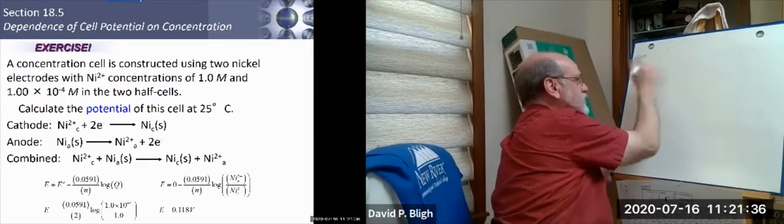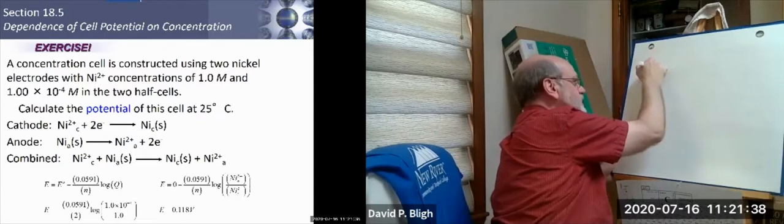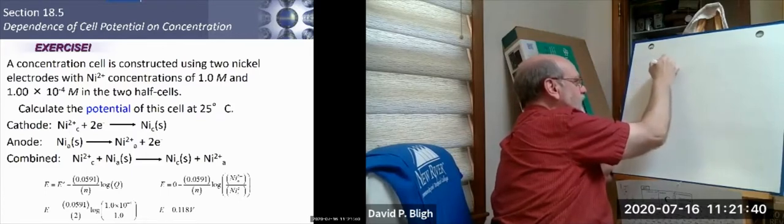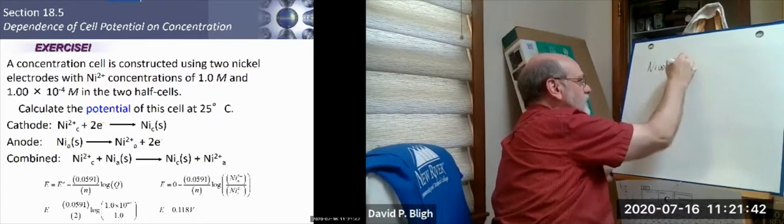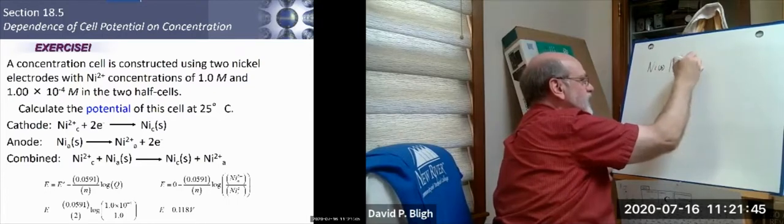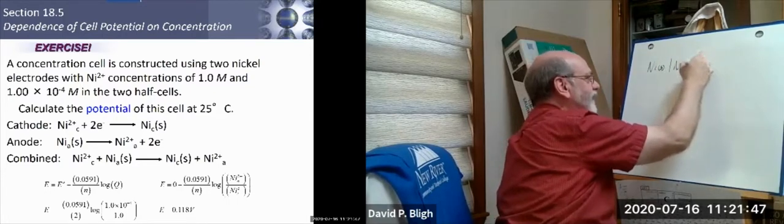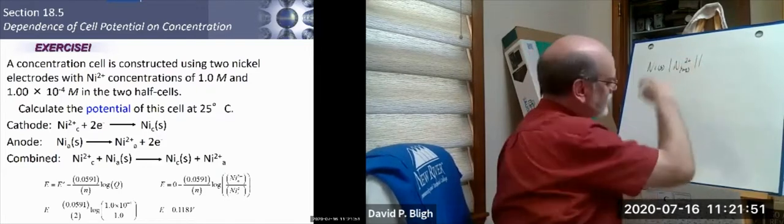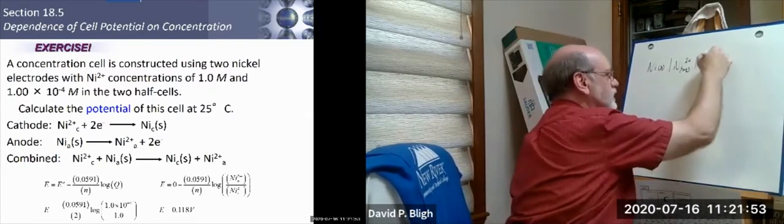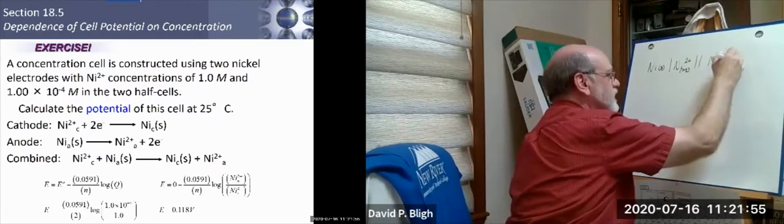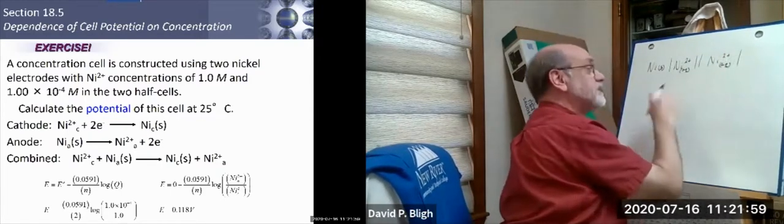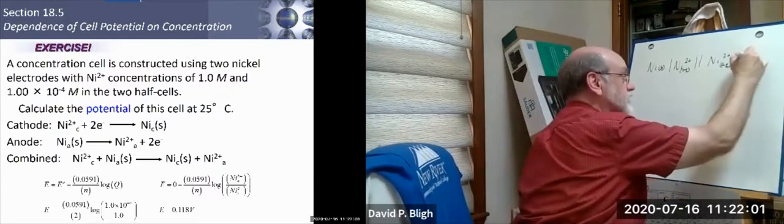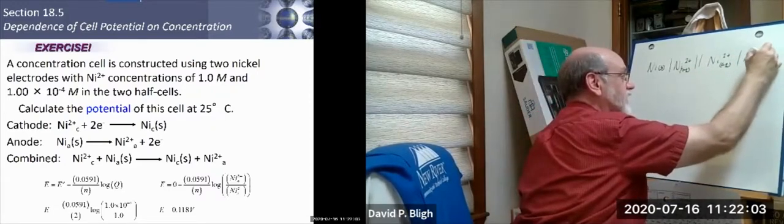The anode side would be the oxidation, nickel solid to nickel 2+, right? That's aqueous. And then this side, we would convert nickel 2+, cathode side is reduction to nickel solid.